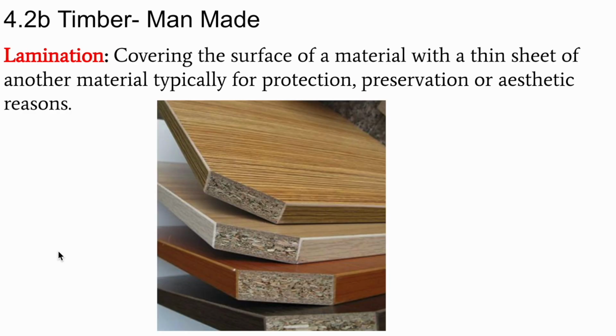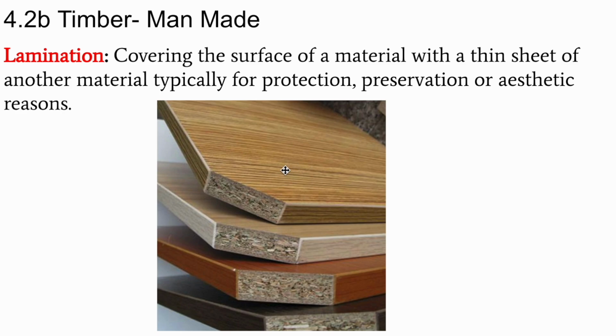Lamination. This is covering the surface of a material with a thin sheet of another material, typically for protection, preservation, or aesthetic reasons. So you can see this is actually chipboard inside here, and it's got a laminated veneer on top of some type of wood. Actually, it might even be plastic. And most of the furniture that you see around schools is actually this type of wood.